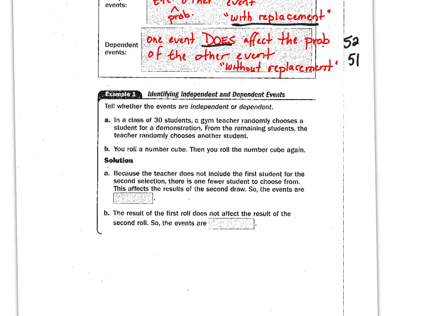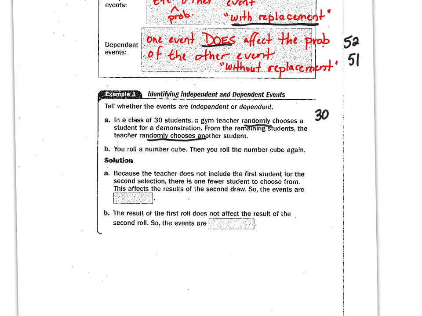It says, tell whether the events are independent or dependent. In a class of 30 students, a gym teacher randomly chooses, that's a key word, a student for a demonstration. From the remaining students, the teacher randomly chooses another one. Well, on the first time, you had 30 to choose from.